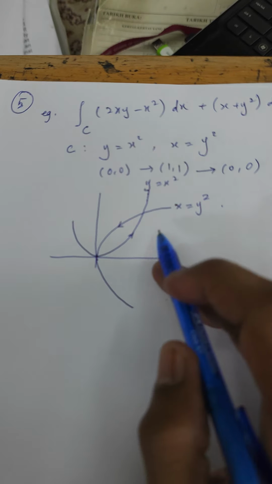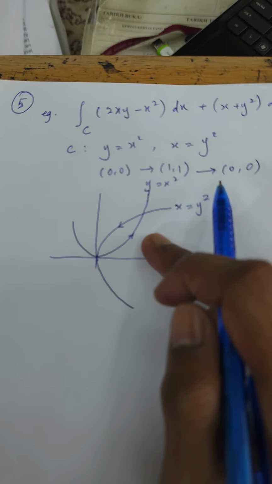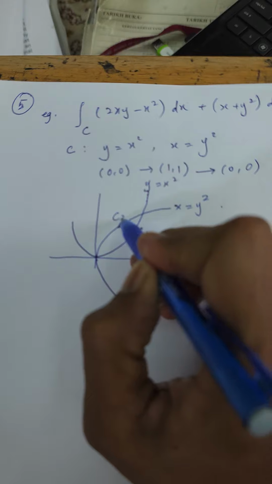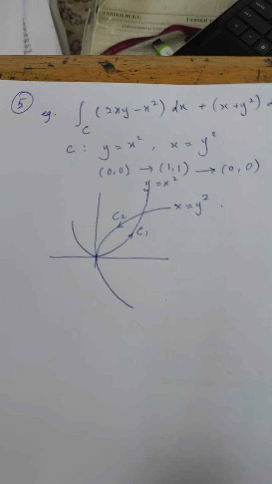In this case, we have two piecewise smooth curves. This one we consider as C1, and that one as C2.